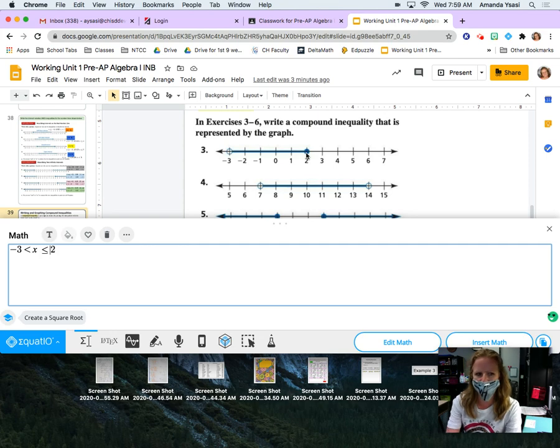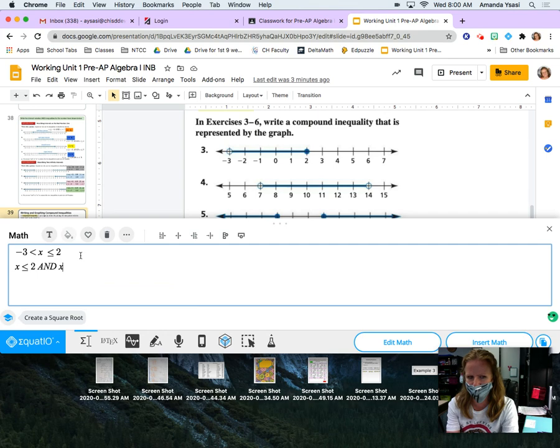So less than or equal to. So remember, x goes in the middle, and then you go from least to greatest, and you always use the less than symbols.